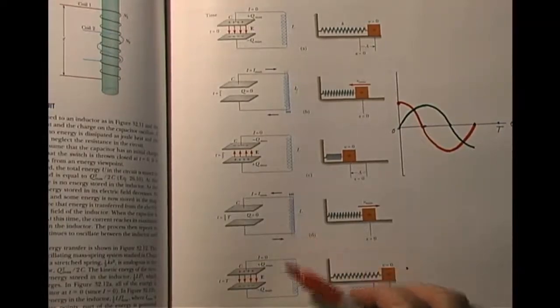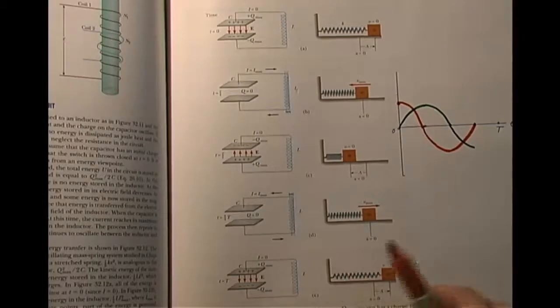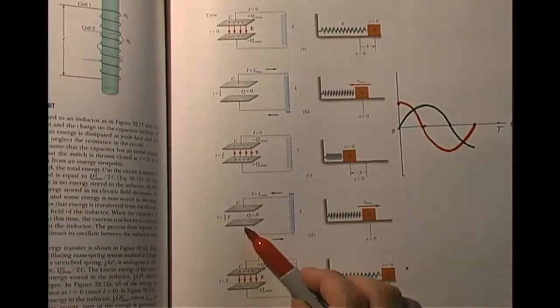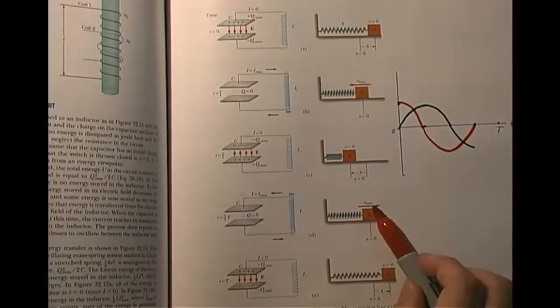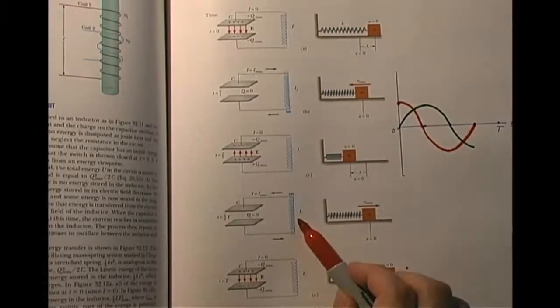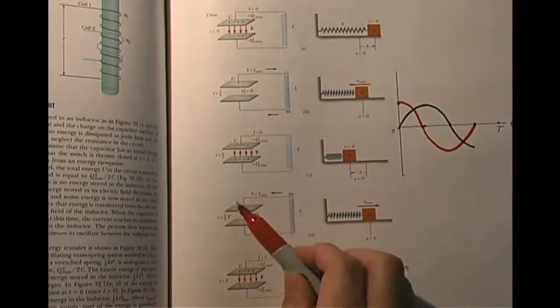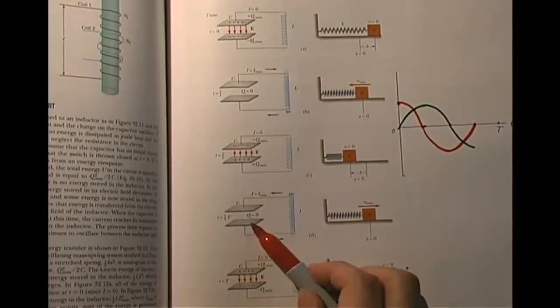Electromagnetically, what happens? Just like here, you start with no potential energy; here, you start with no electrical energy. You have maximum speed; here, you have maximum current. Now that current, of course, is going to charge up the capacitor again, depositing positive charge and negative charge.